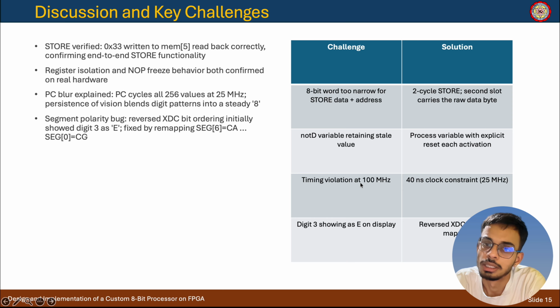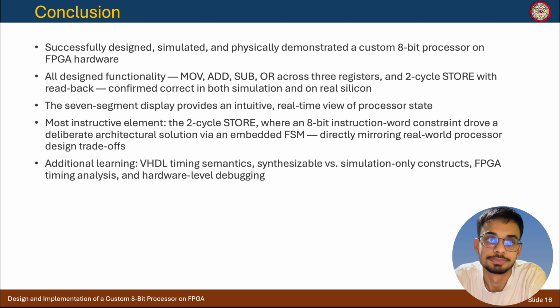There was a timing violation at 100 MHz because we do fetching, decoding, and executing in one cycle, so it needs more time to complete, so we used 25 megahertz. Digit 3 was showing an E on the display, so we reversed the connection on the FPGA board, and it shows the correct value.